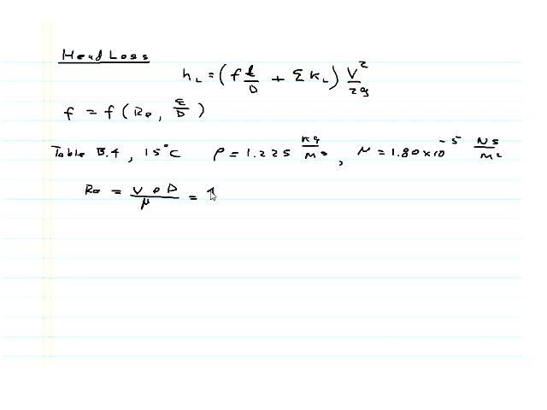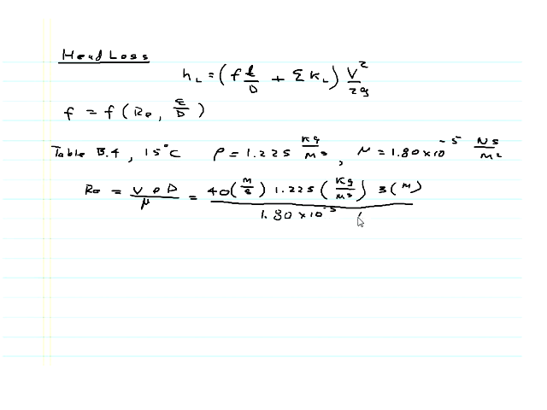The velocity is 40 meters per second, the density is 1.225 kilograms per cubic meter, the diameter is 3 meters, and the viscosity is 1.8 times 10 to the minus 5 newton seconds per square meter.